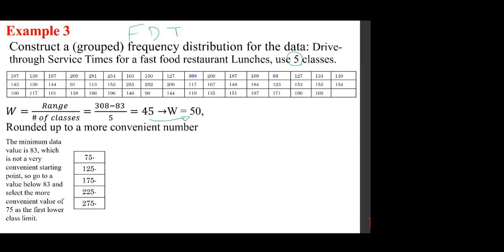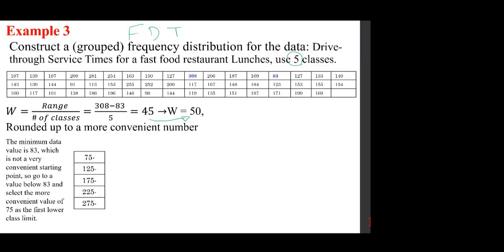Now, can you tell me how we arrived at the rest of them? How did we come up with 125, 175, 225, and 275? You keep adding 50. Beautiful. Now, I'm just interested in the first class: 75 to what? My first class is 75 to 124.